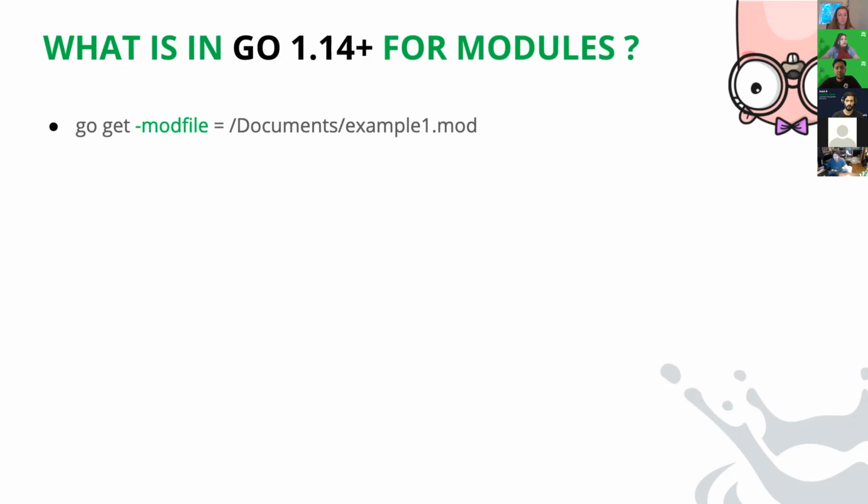So instead of using the go.mod file in your root directory, it will use the mod file at that particular path, and it will completely ignore your go.mod file at the root. But do keep in mind that you should have a go.mod file at your root, so that it defines that, okay, this is the root directory. It doesn't have to contain anything.